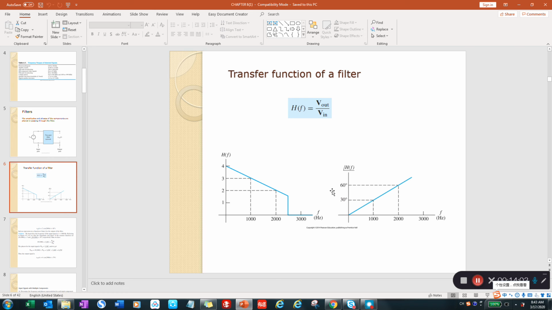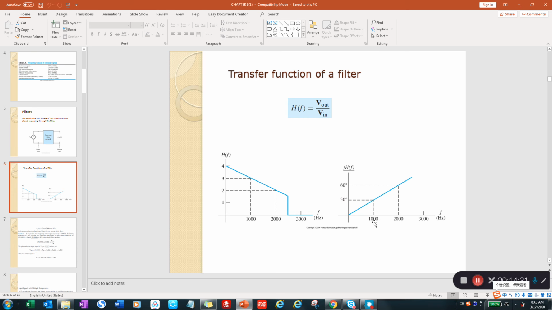Okay, now let's look at our example. We figured out that our input signal has a frequency of 1000. So we look at this amplitude graph. We know that the amplitude change will be 3. So 3 is the magnitude of the transfer function. And then we look at the phase angle.